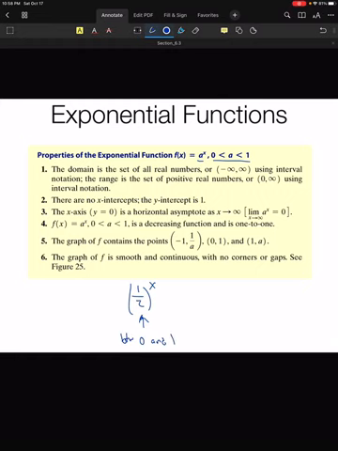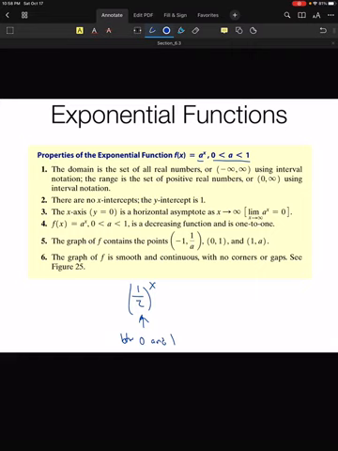Okay, so what are the properties of that? Well, just like the last one, the domain is the set of all real numbers, and the range is positive real numbers. So it shares that with the last one. There are no x-intercepts, and the y-intercept is 1. It shares that, and this is where it starts to get different.